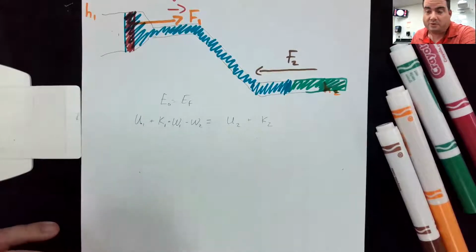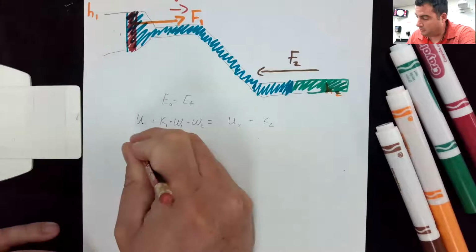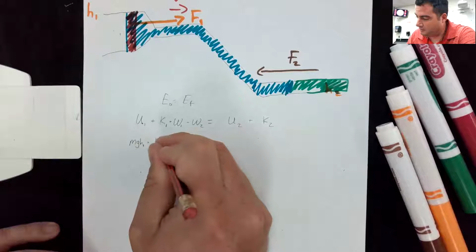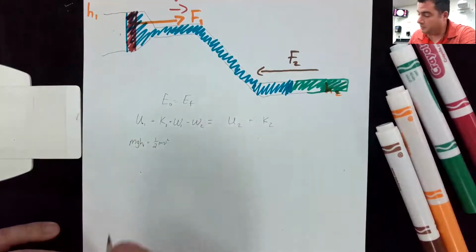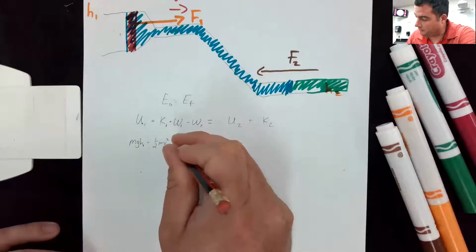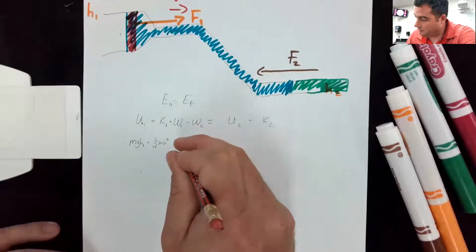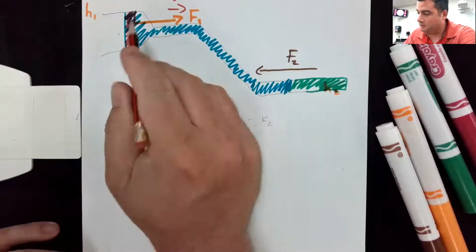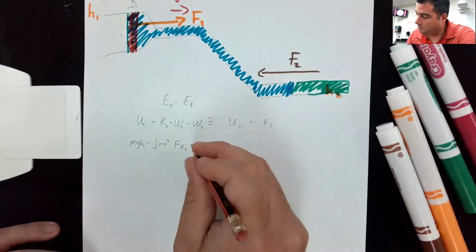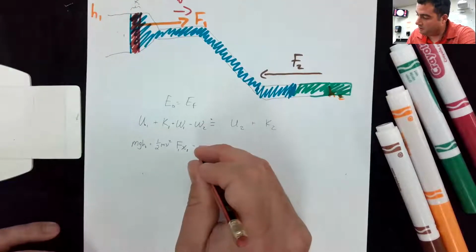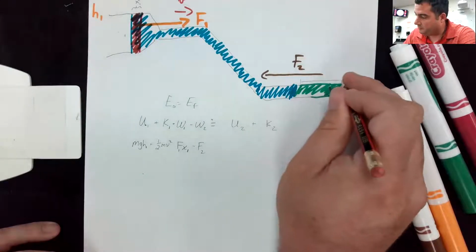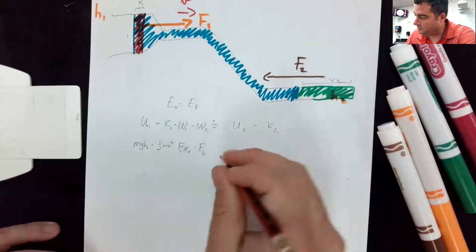I'll start with potential energy, mgh, kinetic energy, one half mv squared, and work, which is going to be F1 x1, we'll call this x1, minus F2, and we'll call how far it moves x2.